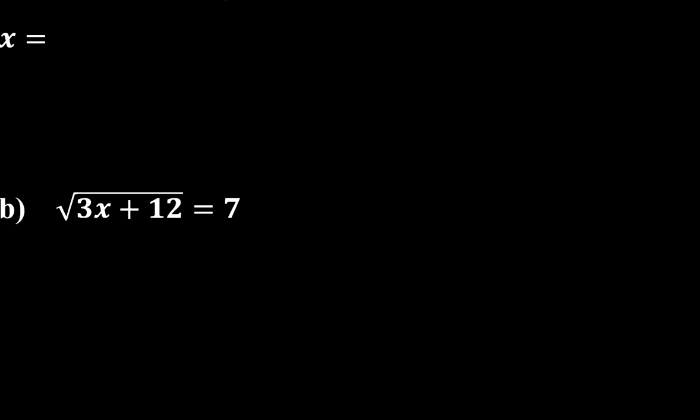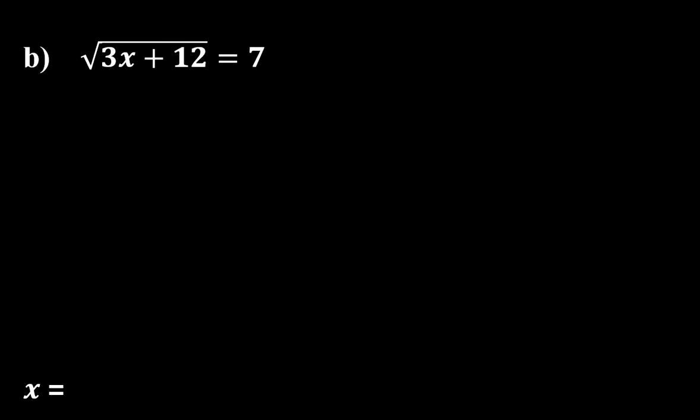Let's go ahead and look at the last one here. Our textbook talks about something called looking inside, and if we just consider this for a minute, inside the radical symbol here, we've got this 3x plus 12. I happen to know some basic squaring facts, and I know that the square root of 49 is 7.